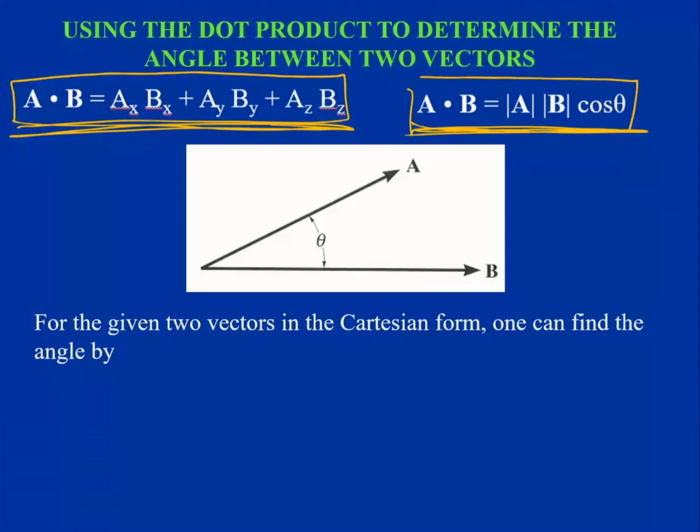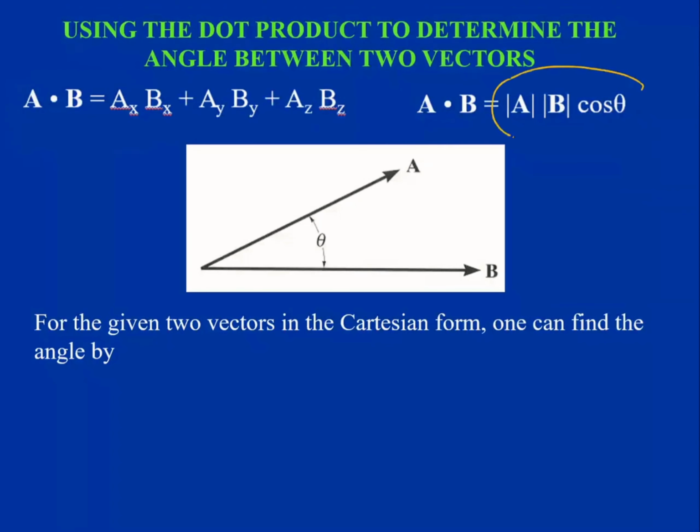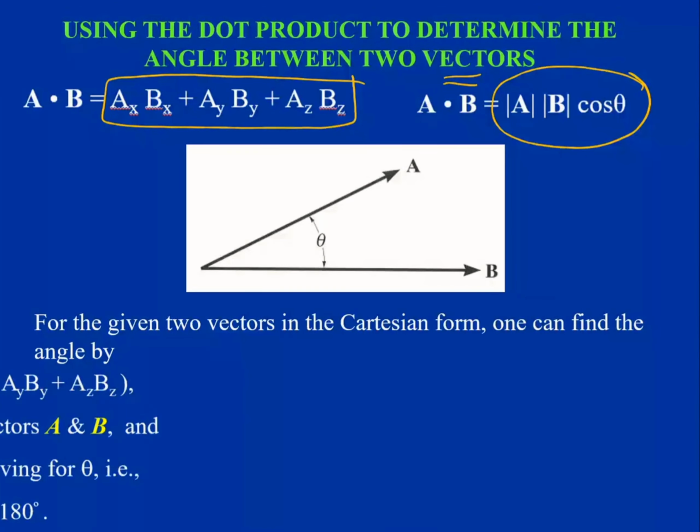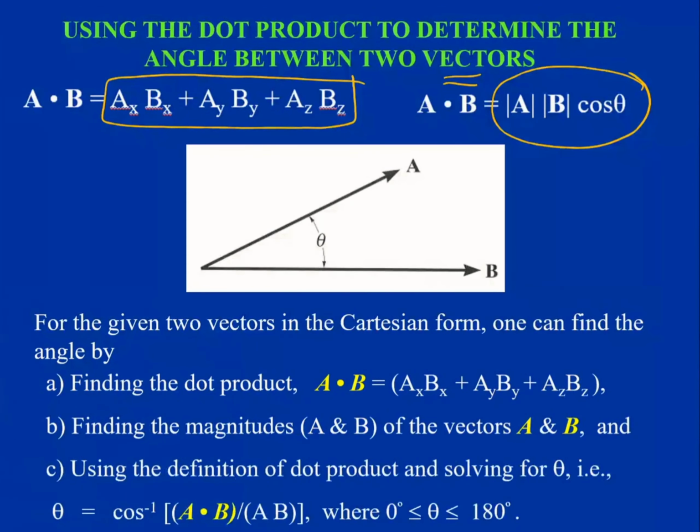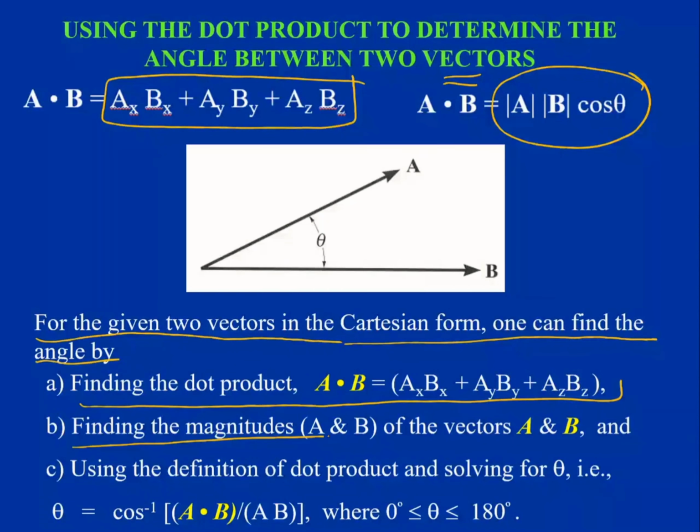In simple words, what I can write is this part equal to this part. I can even do that. So for the given two vectors in the Cartesian form, one can find the angle by finding the dot product, that's here, finding the magnitudes, and using the definition of the dot product, that is here.